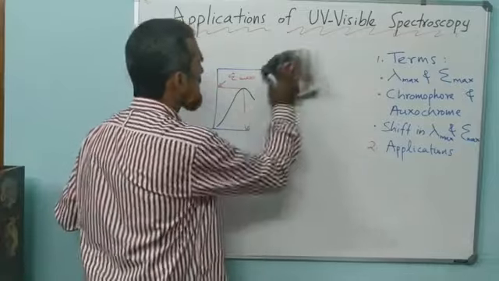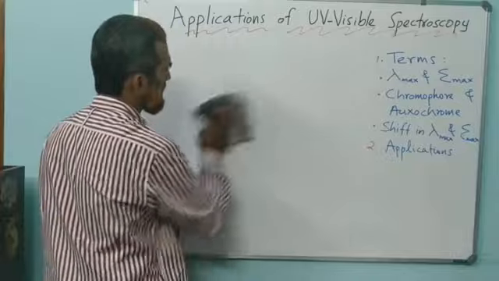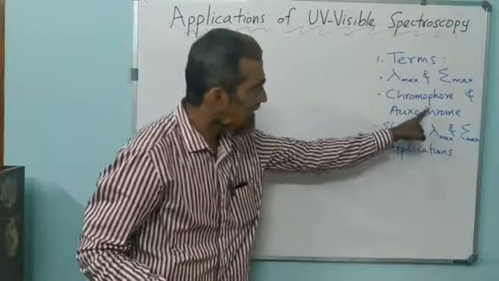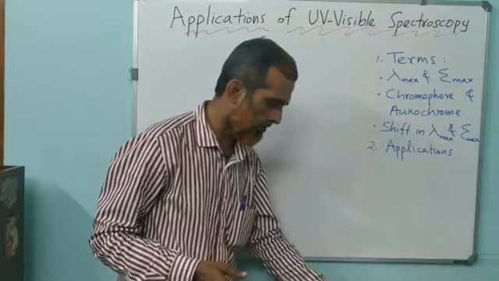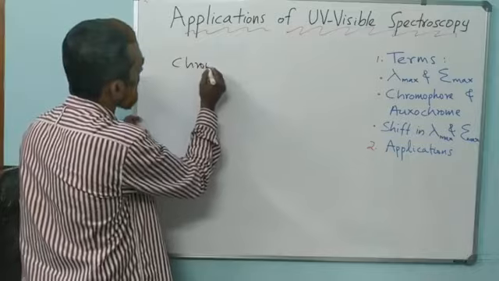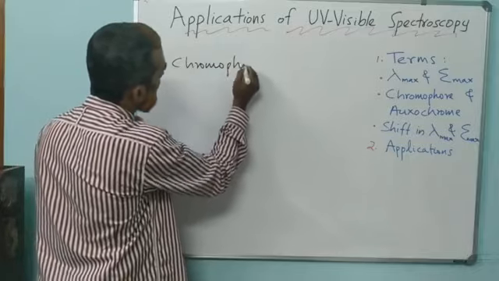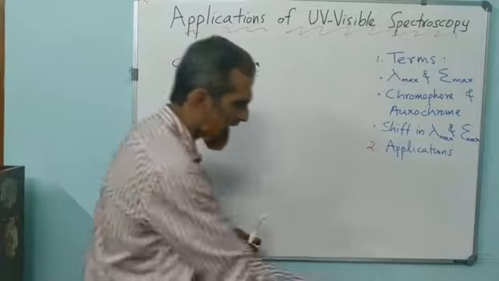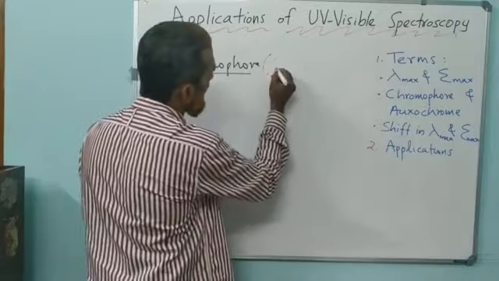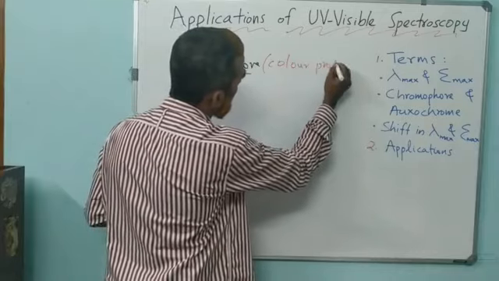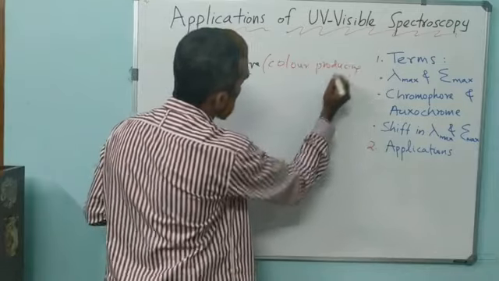Now coming to the next two terms, we have a pair of terms. Next is, what is chromophore and auxochrome? Chromophore. Chrome means color. Chromophore we can simply call a color producing group.